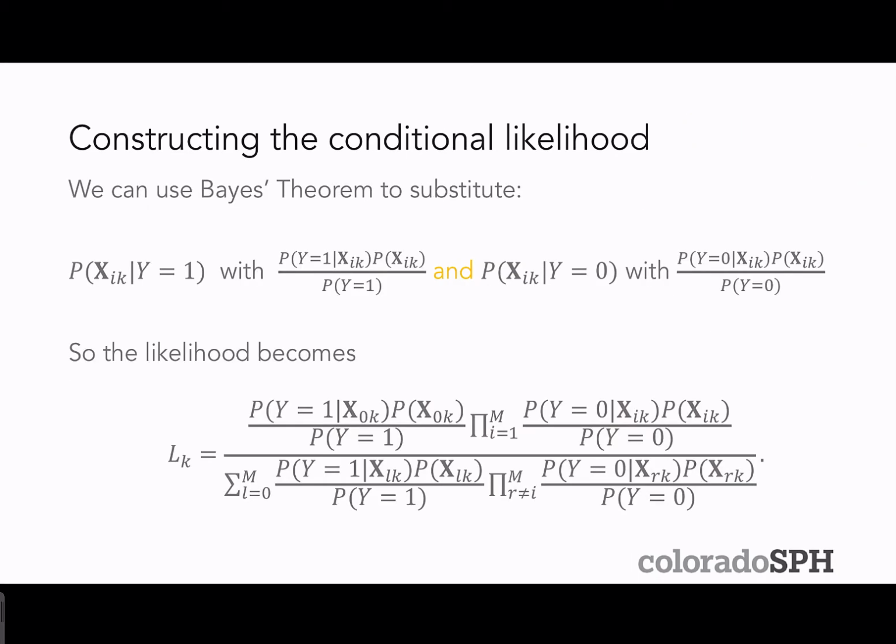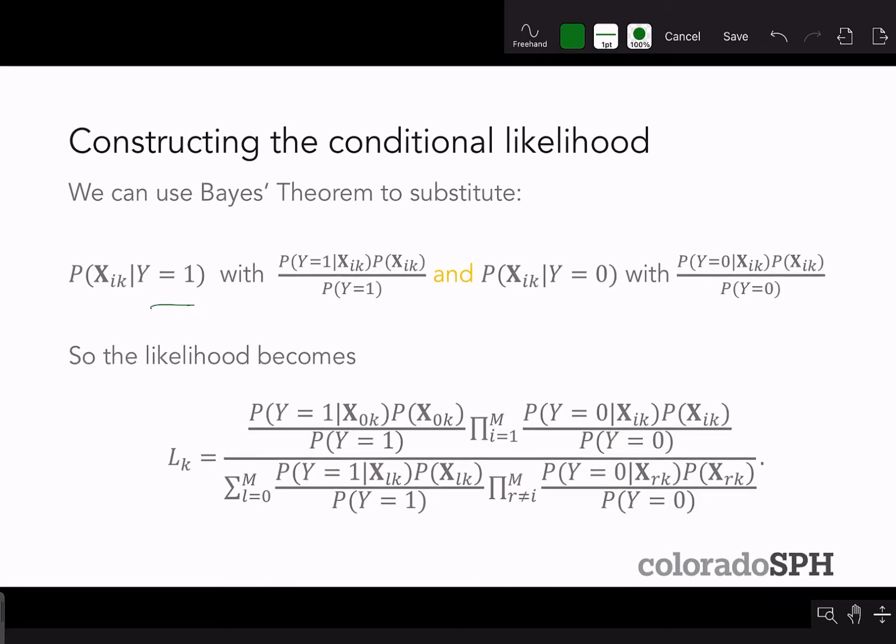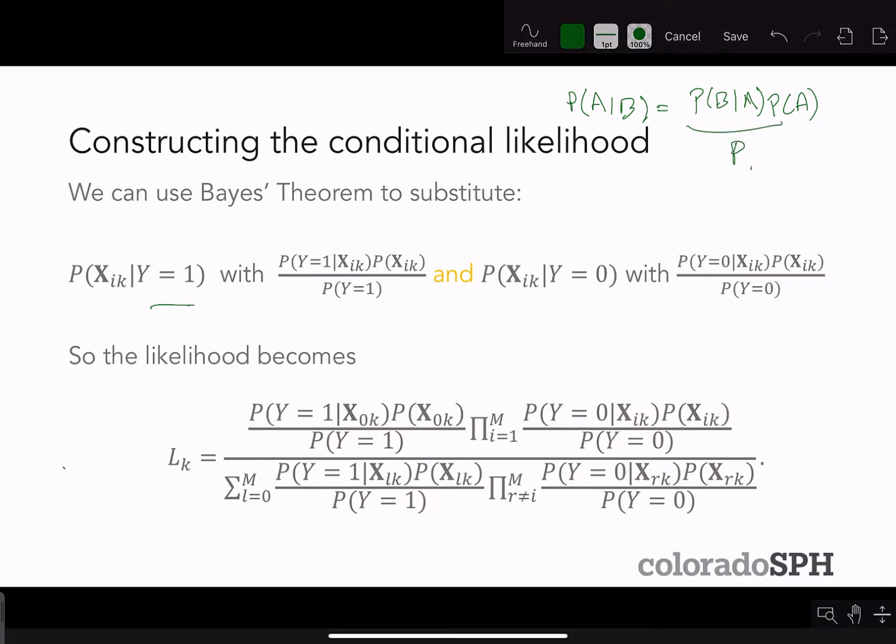Since we're really interested in the probability of y given the set of covariates, we can use Bayes' theorem to substitute that in. Remember that the statement of Bayes' theorem is: the probability of A given B equals the probability of B given A times the probability of A, over the probability of B. This just allows you to flip around the direction of your conditionality.